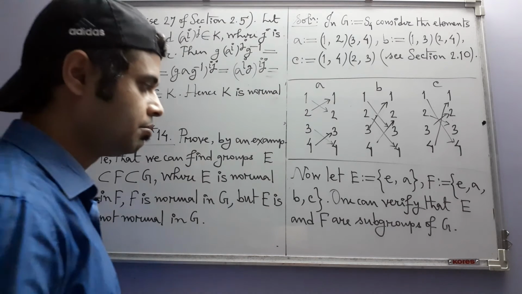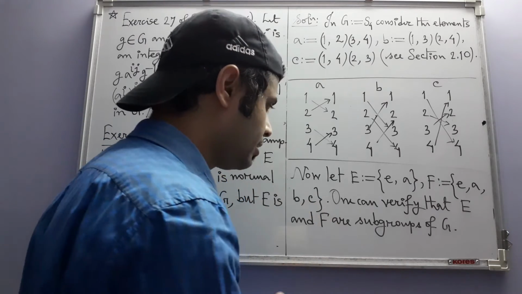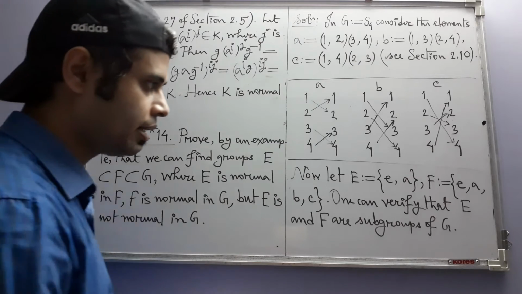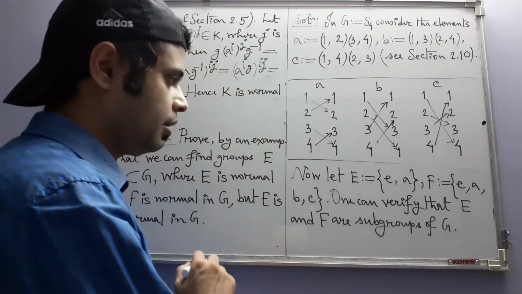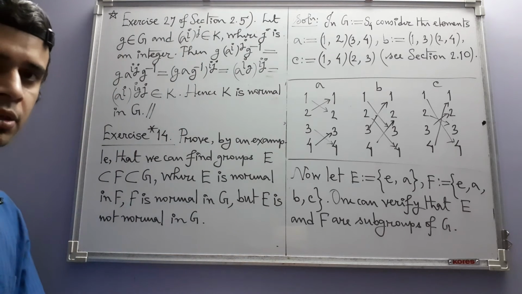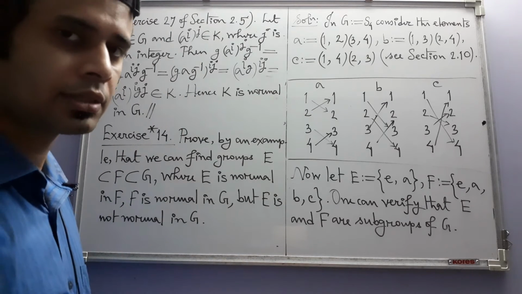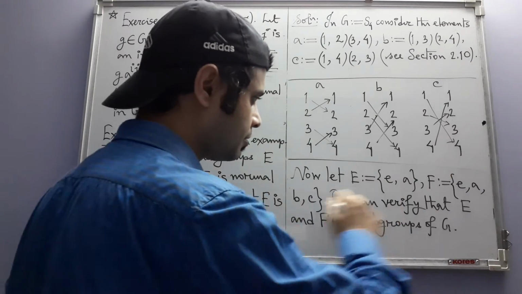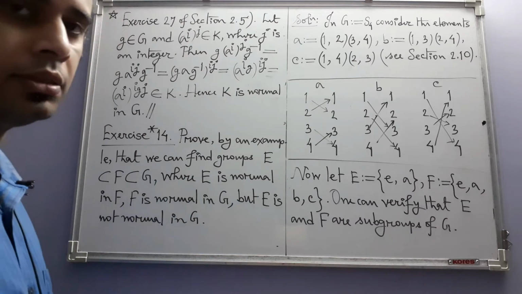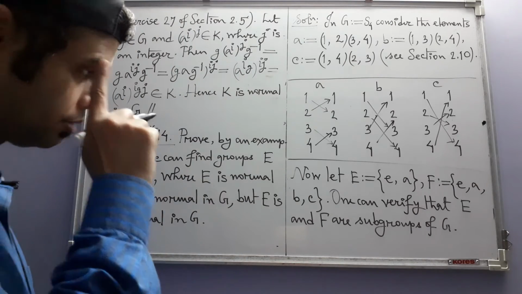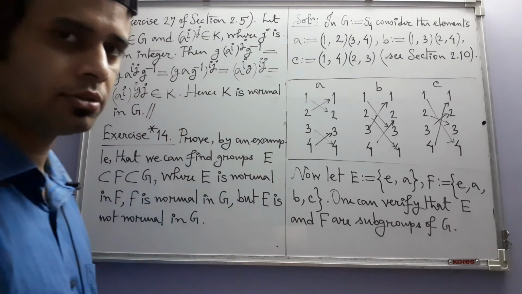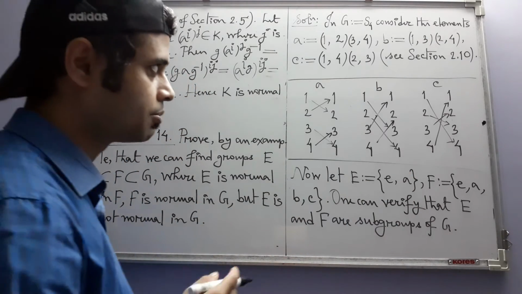That will prove that F is a subgroup. Why? Because you recall that in the section on subgroups, we proved that if in a group a finite set is closed with respect to the binary operation, then it is a subgroup. So you can form all the products like A square, AB, BA, all those things, and you will see that each such product again belongs to F. So that proves that F is a subgroup of S4.